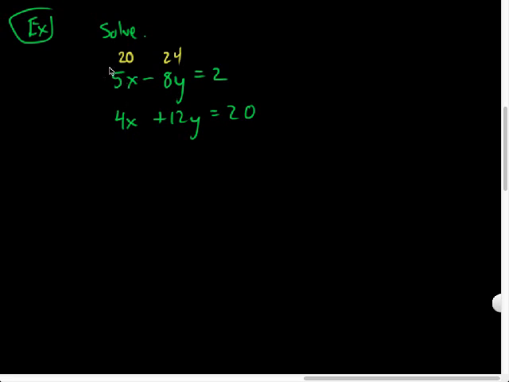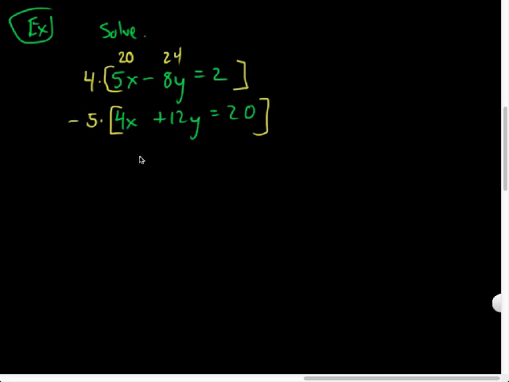So what do I multiply 5 by in order to get 20? 4. And what do I multiply 4 by to get 20? 5. But I want opposite coefficients, so one of these I'll have to make negative. I could make the top one negative if I wanted.